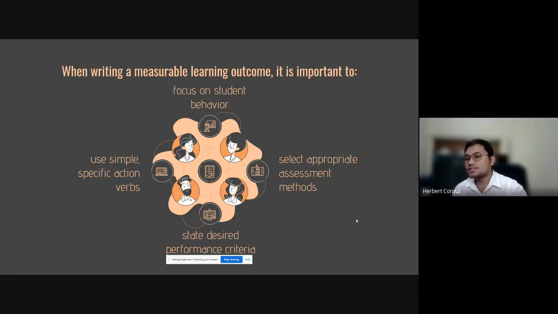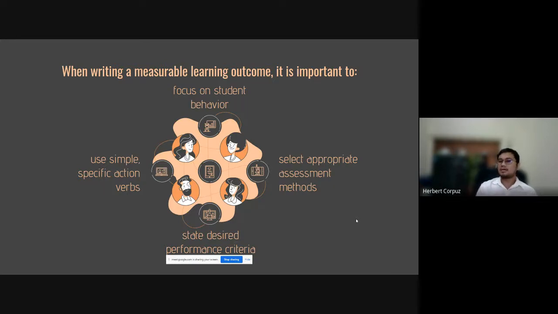The focus has to be stated in the beginning of the learning outcome statement. And to focus on student behavior, we have to use simple, specific action verbs. Again, we said in our previous discussion that these very broad verbs should not be used when we write our learning outcomes.